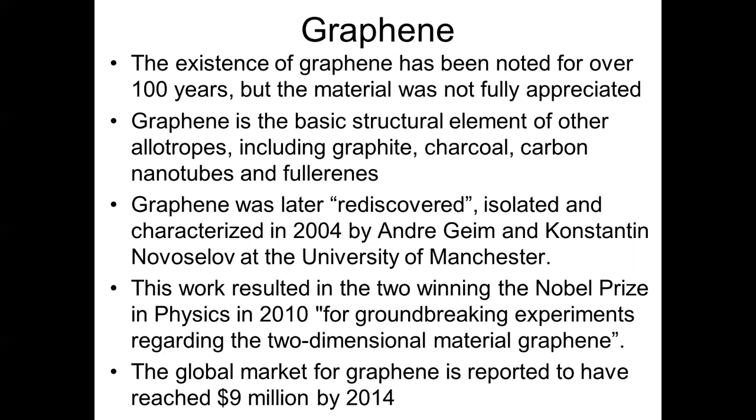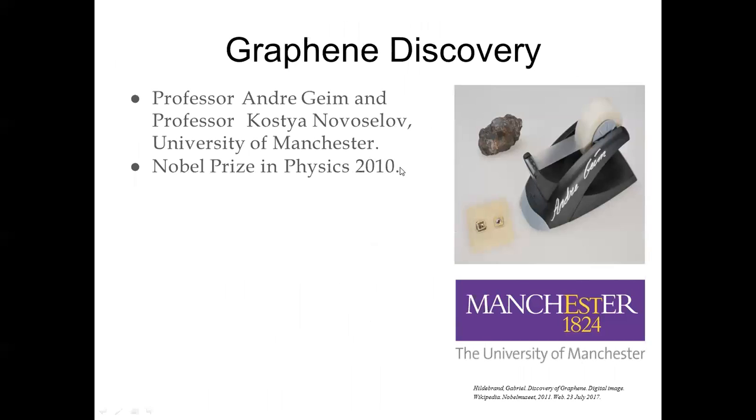The global market for graphene is reported to reach $9 million by 2014, which is a long way from its initial discovery in 2004 and the Nobel Prize in 2010. Basically, what a lot of people do with graphene is take graphite and delaminate it into sheets. That's the basic process people use.